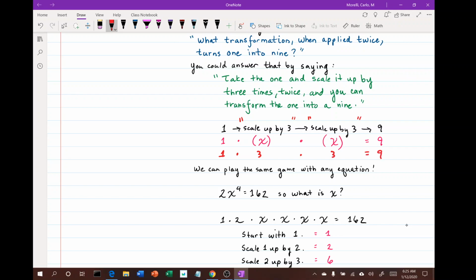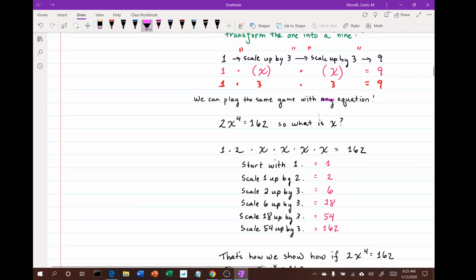We can play the same game with literally any equation. So if we really can do it with any equation, let's do one that looks kind of hard. Again, here we're assuming that x is 3. So for the purposes of this, we're going to assume that x equals 3, and we'll see if x equals 3 works.